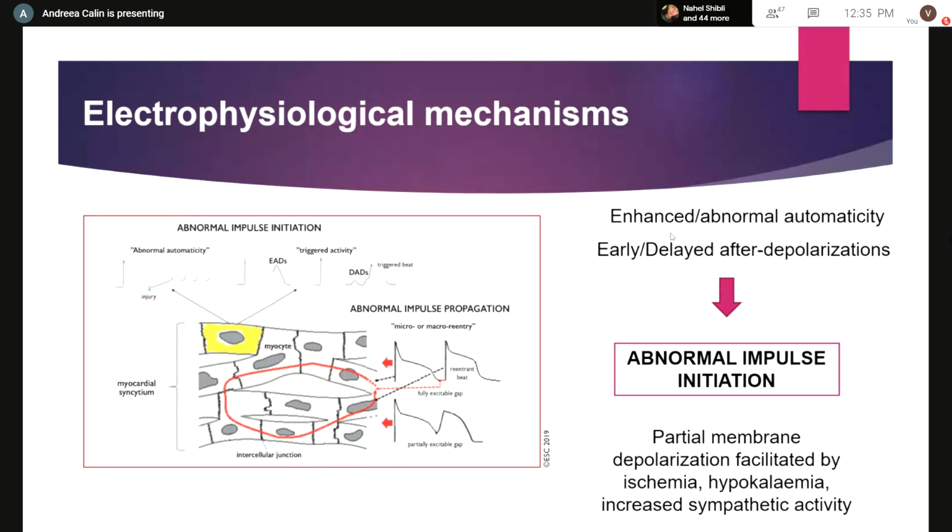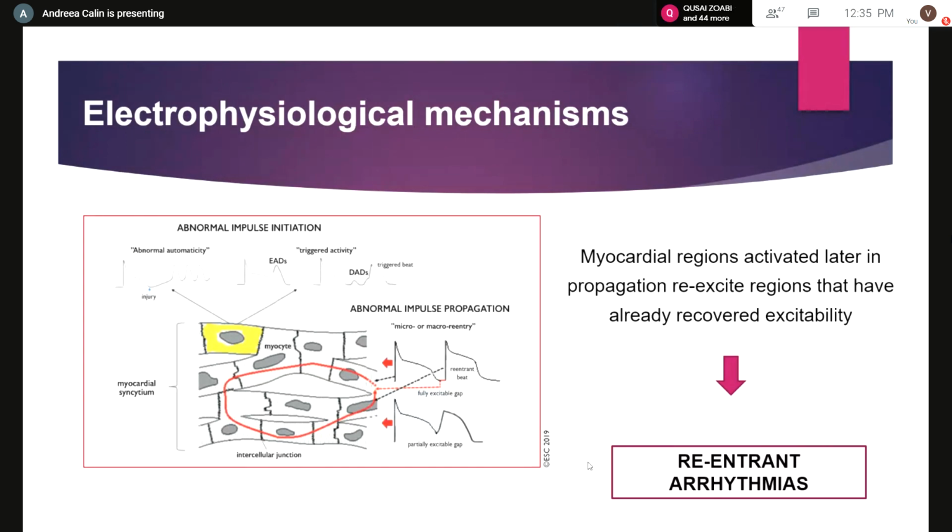But when there is enhanced or abnormal automaticity and early or delayed afterdepolarization of the membrane, the abnormal impulse initiation can take place. And this process may be facilitated by ischemia and some electrolyte disturbances like hypokalemia and increased sympathetic drive in some patients.